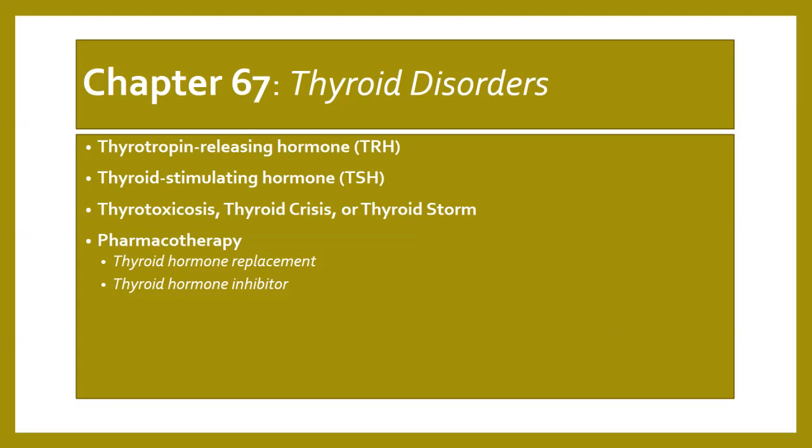Page 1145, prototype drug, PTU. This medication decreases thyroid hormone levels and is used to establish normal thyroid states. Black box warning on this medication. It can cause severe liver injury and acute hepatic failure.